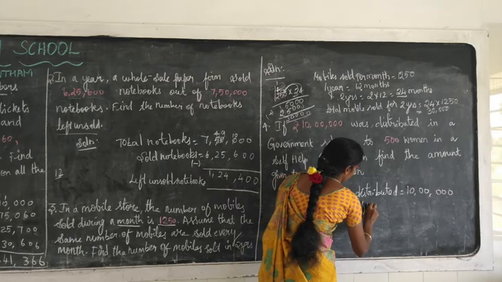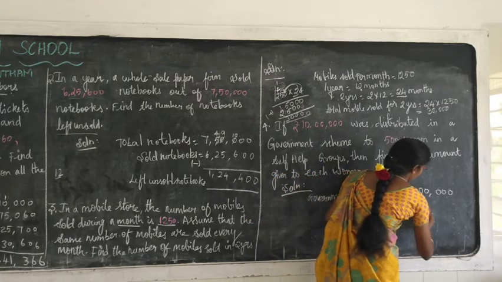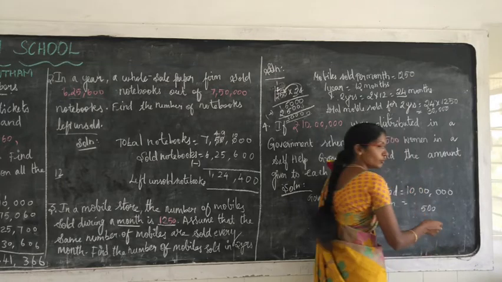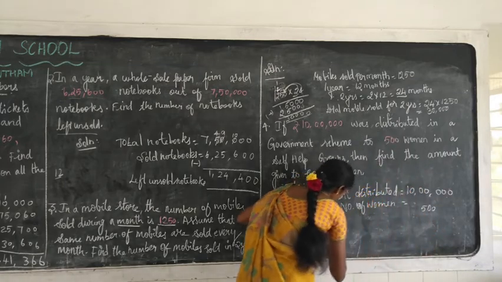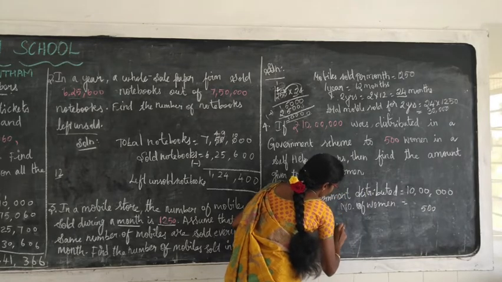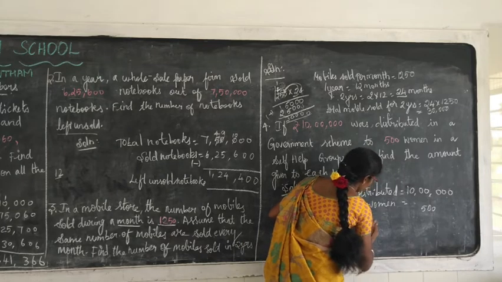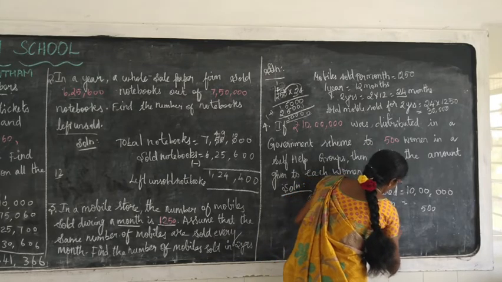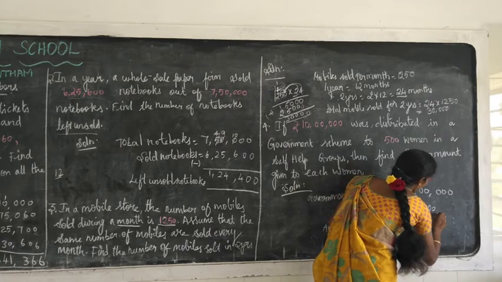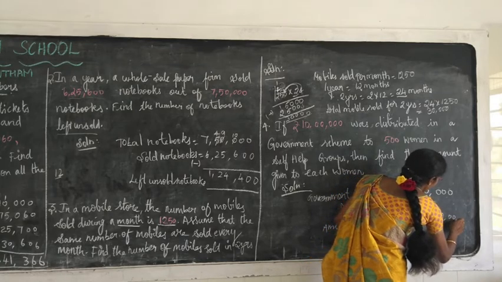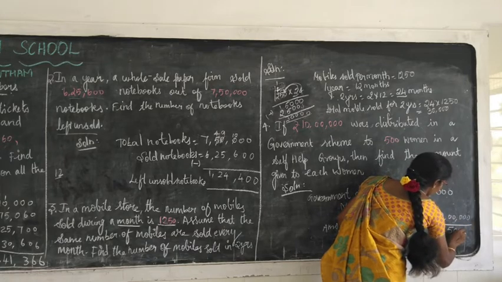Number of women is equal to 500. What do you have to do here? Here we have to divide. So find the amount given to each woman, which can be found by 10 lakh divided by 500.